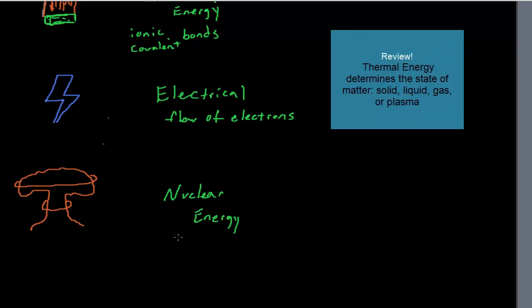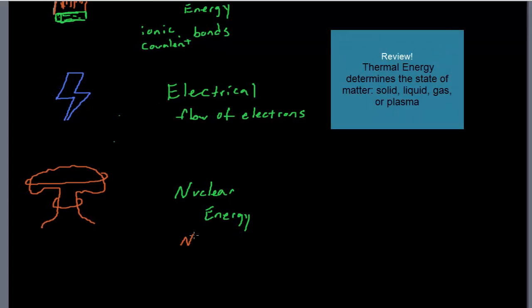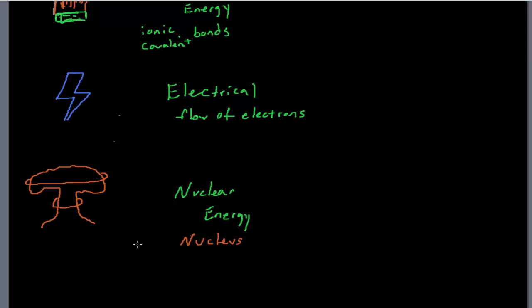The atomic nucleus. So the protons and neutrons in the middle of an atom store a lot of energy together in their nucleus. There are two ways you can obtain nuclear energy.